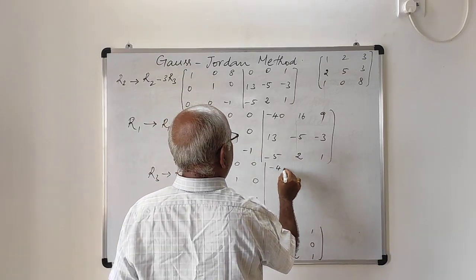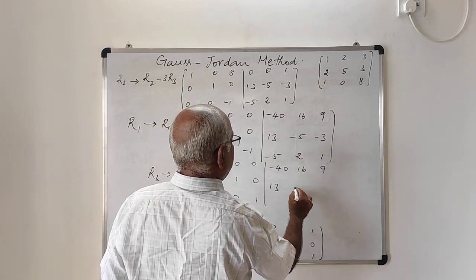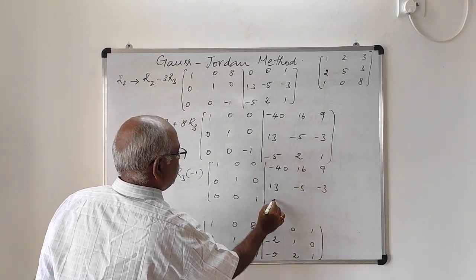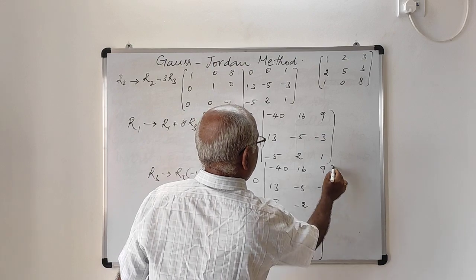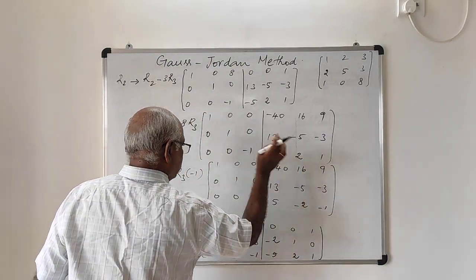Here minus 40, 16, 9, 13, minus 5, minus 3, multiplied by minus 1, you get 5, minus 2, minus 1. So this is an identity matrix of order 3, and this is the inverse of A.